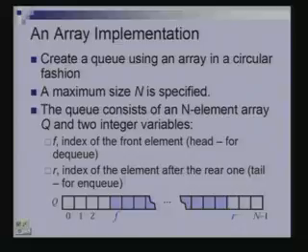I am going to have two variables f and r, f for front and r for rear. F is the index of the front element of the queue, right. So, wherever the front element is in the queue, f will be referring to that position, and r is an index which is the element following the rear element. So, as you can see, r refers to this location.